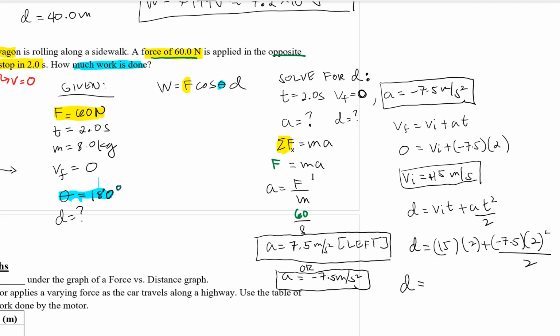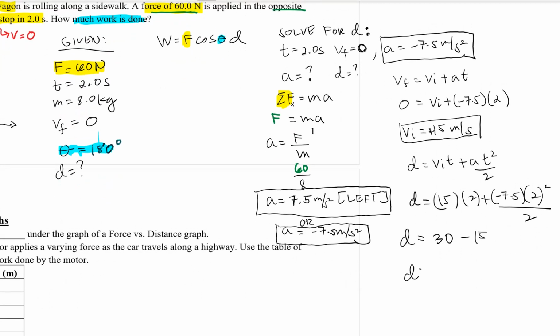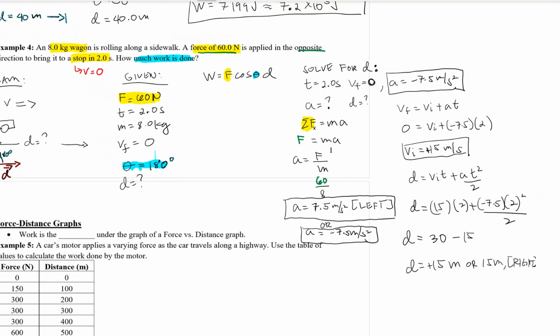So the displacement is 30 minus 15. So displacement is equal to positive 15 meters, or just 15 meters to the right.